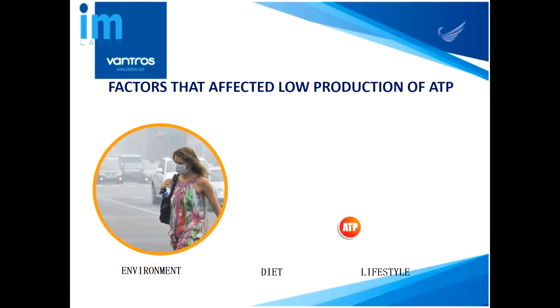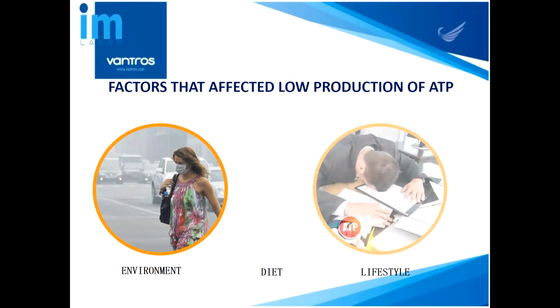Sorry to mention that it is from there. And the pollution from the factories, cars on the road, all these make the environment not better, make it worse. So this affects the low production of ATP.